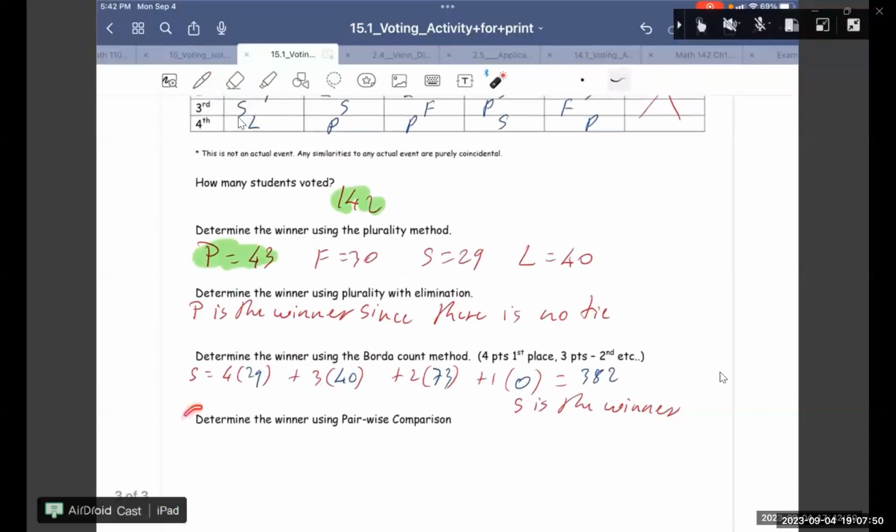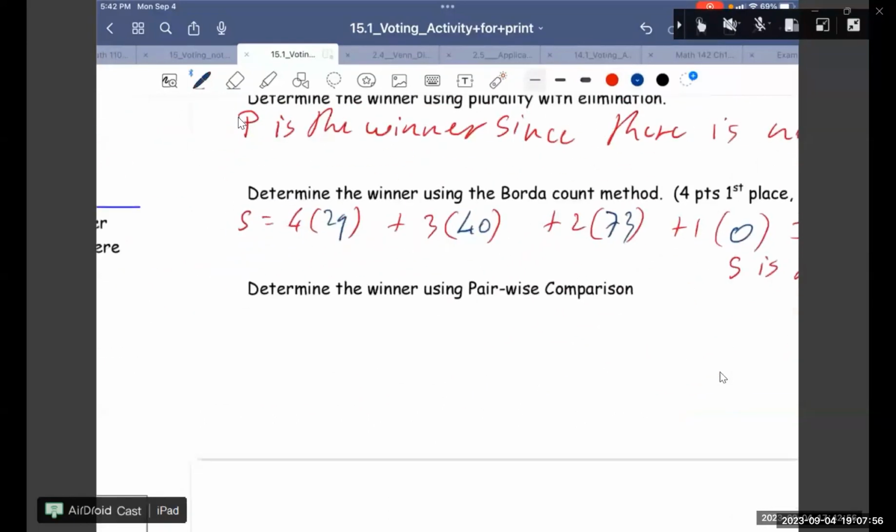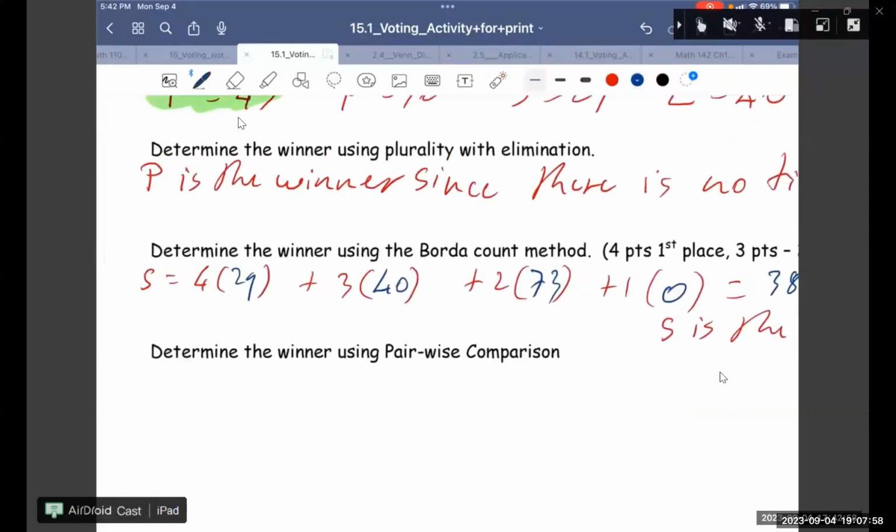So to determine the winner by pairwise comparisons, we can do this one, right?